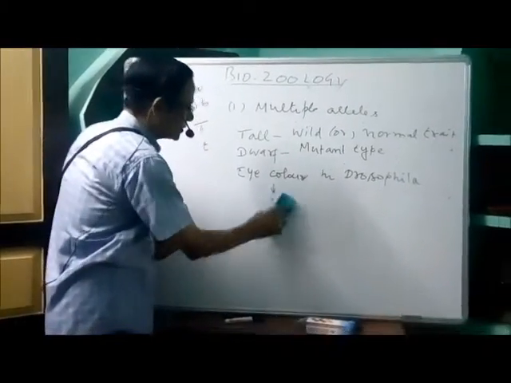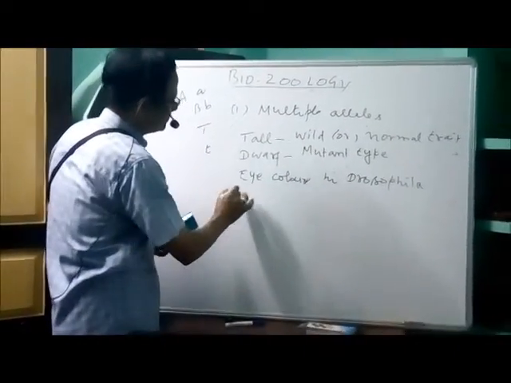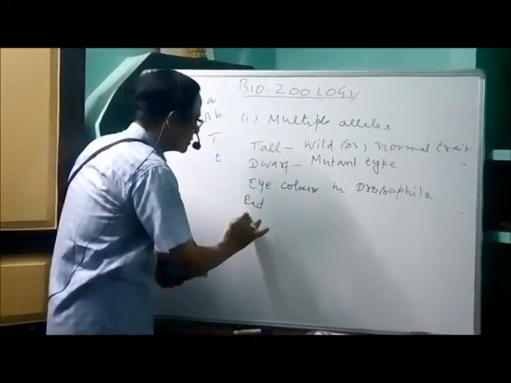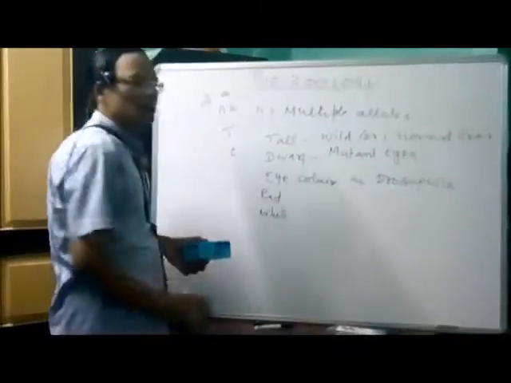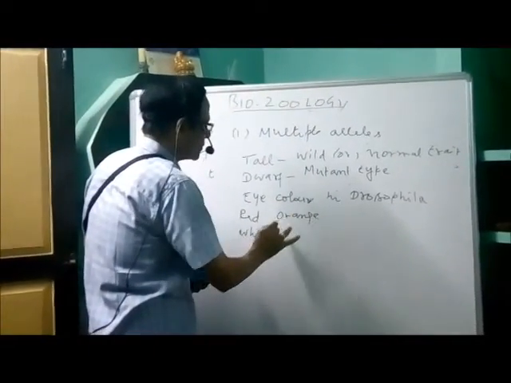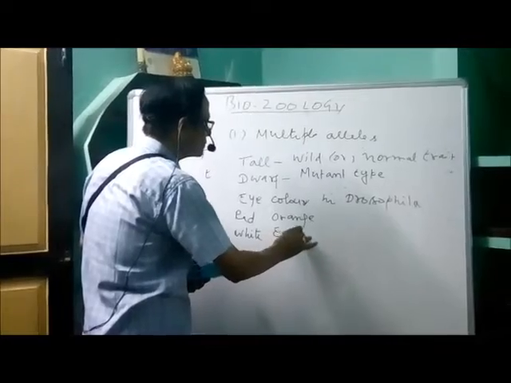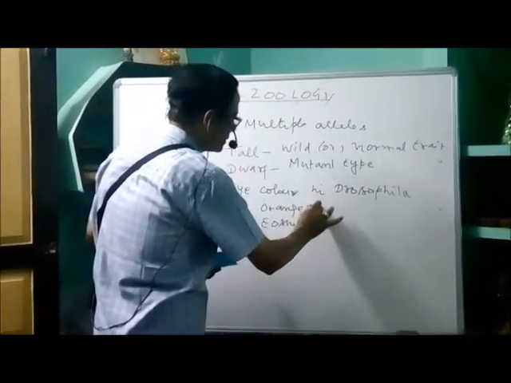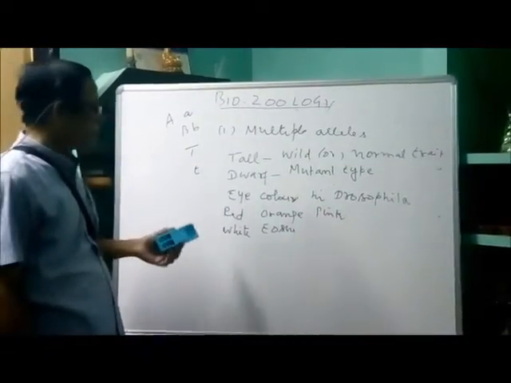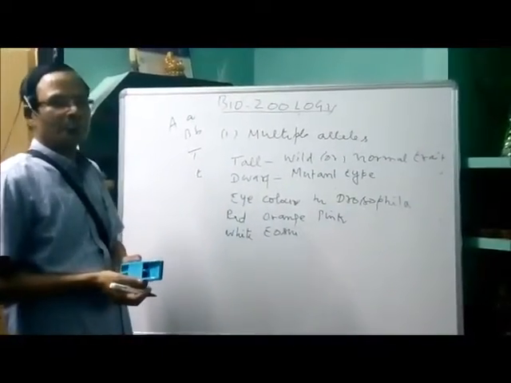Some fruit flies have red eye color. Some may have white. Some may have orange. Some may have yellow. Some may have pink. So like that we have more than 8 shades of eye color.